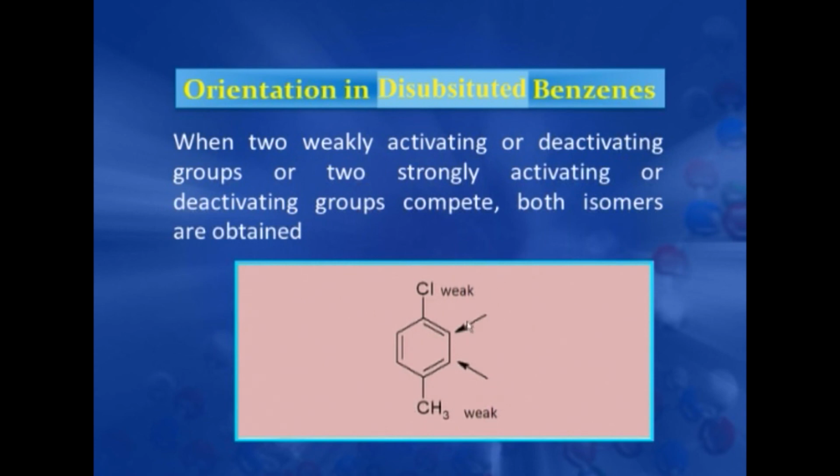So this ortho position is meta to Cl and this is meta to methyl, but here both isomers will get formed, ortho to this chlorine and ortho to this methyl.